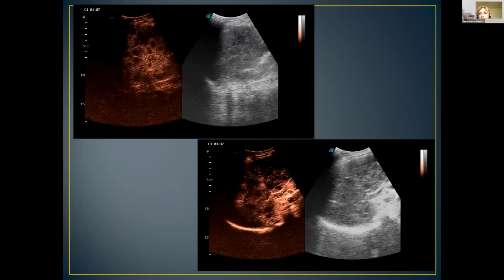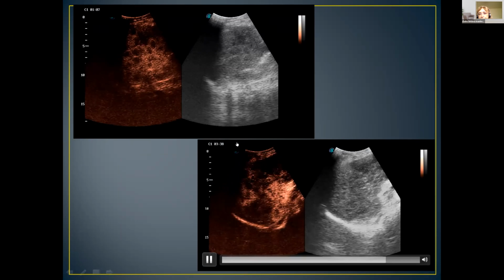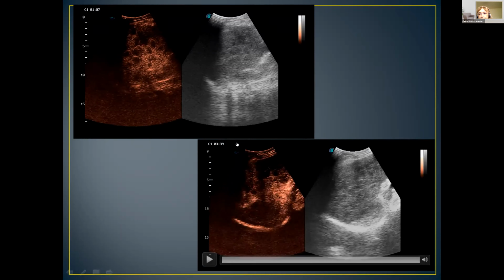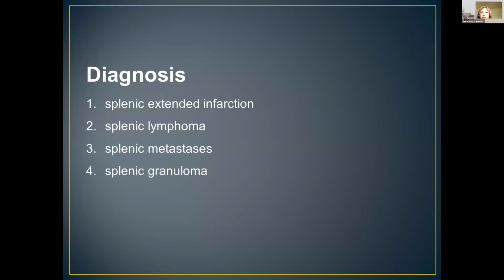And more than 3 minutes after injection. What is your diagnosis now? Granuloma, lymphoma, or metastasis?